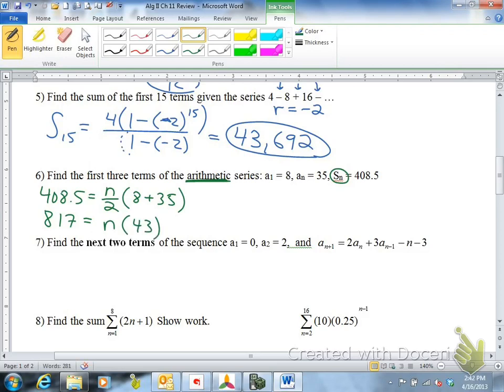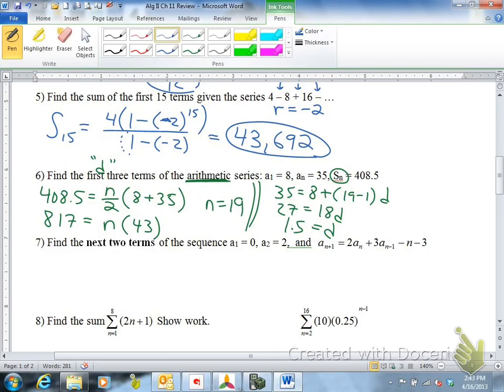And then divide by 43, you get n is 19. But you still need d. To find the first 3 terms, you need to find your d value. So you can use this formula, 35 equals 8 plus 19 minus 1 times d. So subtract 8, divide by 18, you get 1.5.